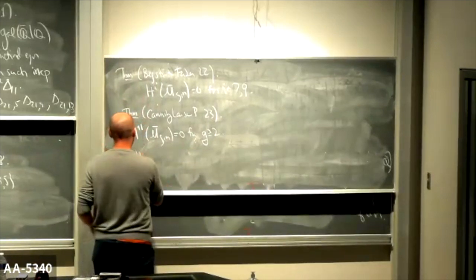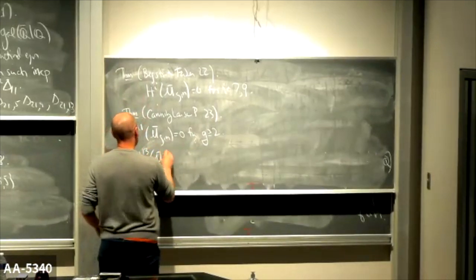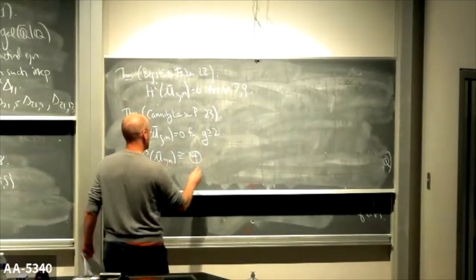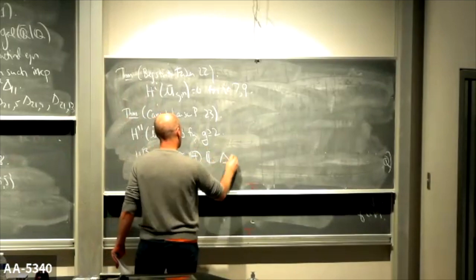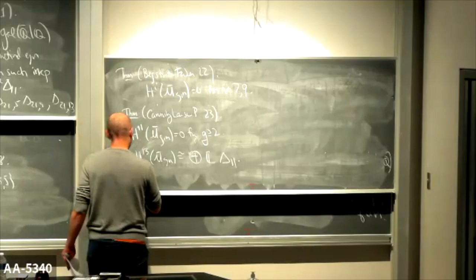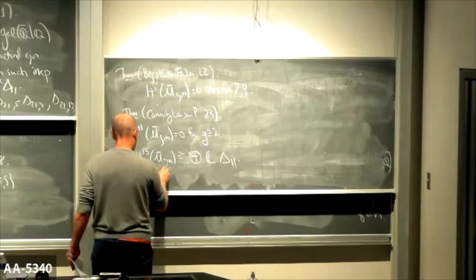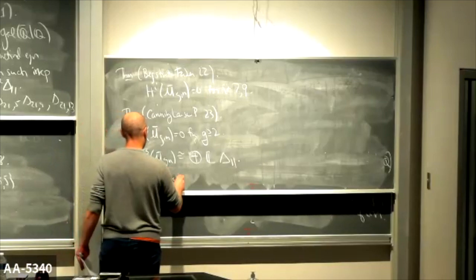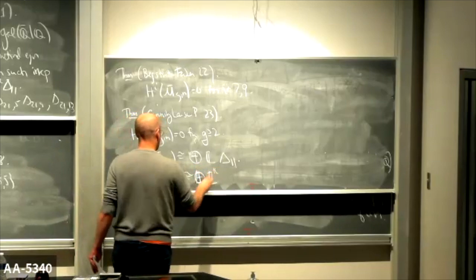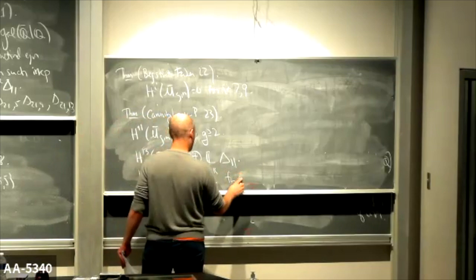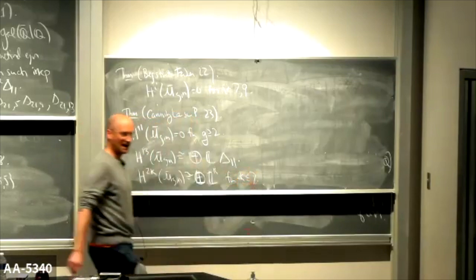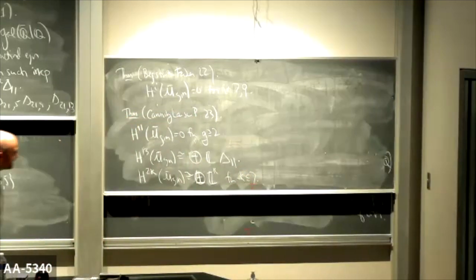But then H^13 of M_{g,n} bar is a direct sum of Tate twists of delta 11. H^{2k} of M_{g,n} bar is a direct sum, so is pure Tate. This is for k less than or equal to 7, so 2k less than or equal to 14.